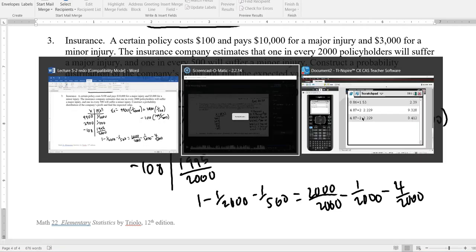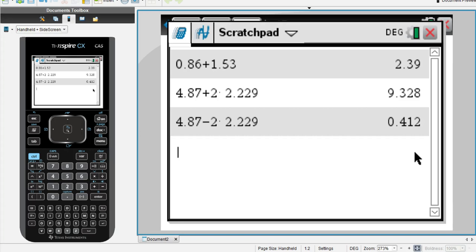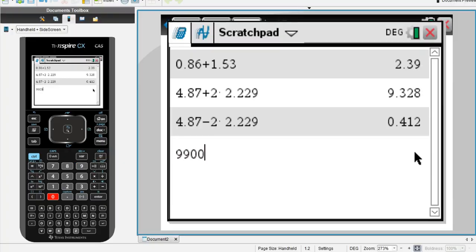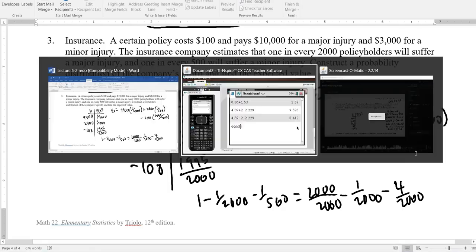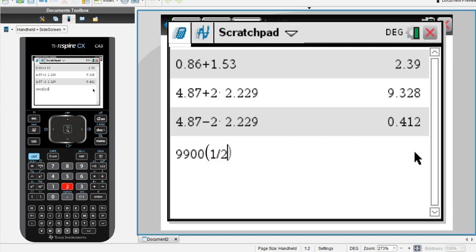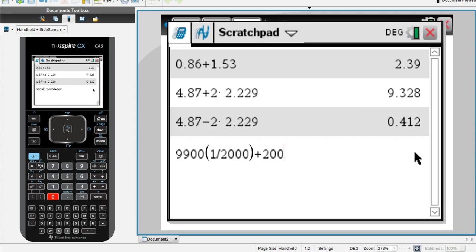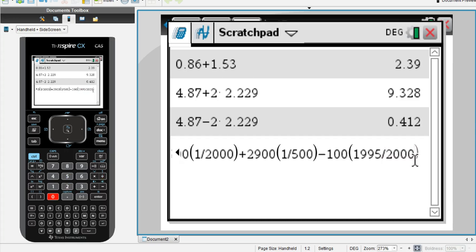So let's see what we get. 9,900 times 1 out of 2,000, plus 2,900, and that was 1 out of 500, minus 100, and we're expecting everyone else to have that occur.